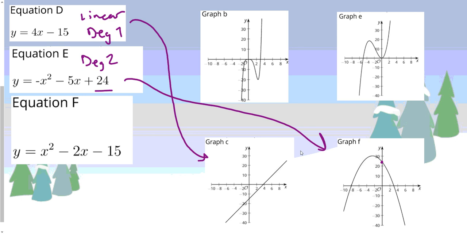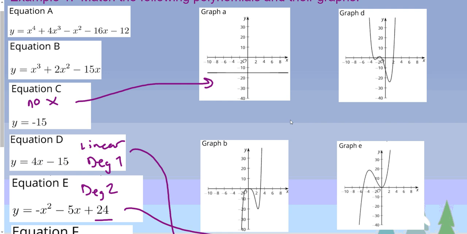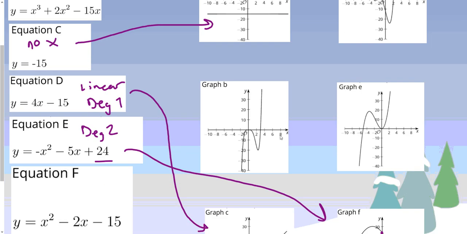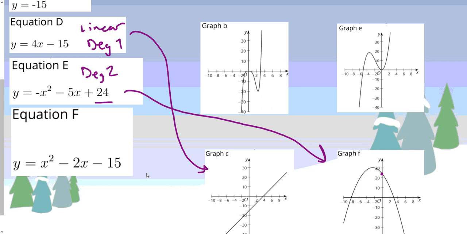Now let us look at a few other ones. Equation F, there doesn't seem to be any other parabolas on here. These graphs look kind of funky. We know they're not parabolas, so we don't think equation F is going to be one of those. So guess what? No match.